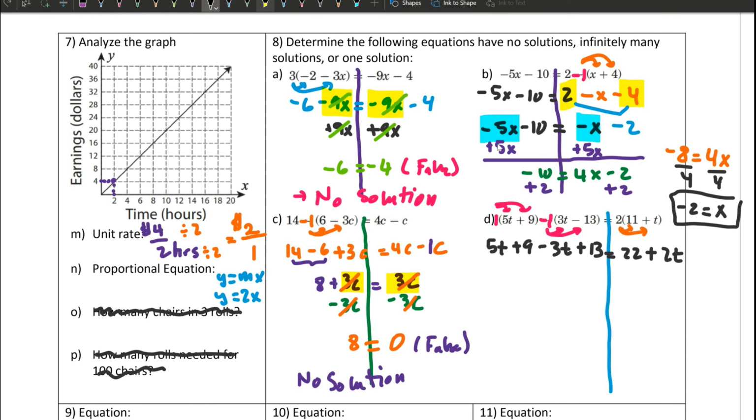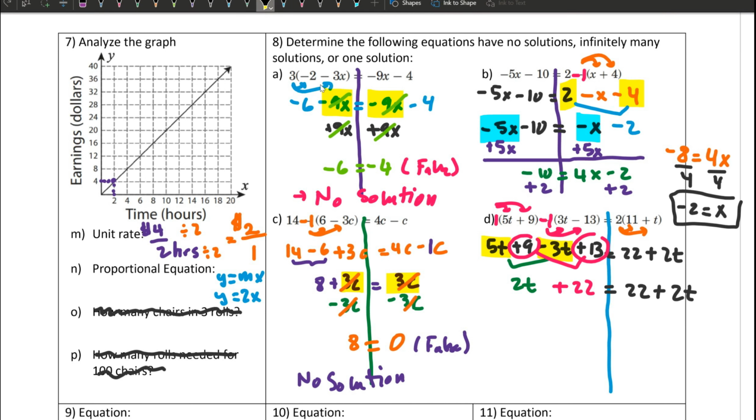Okay. Then you're going to see if we can do any combining like terms, like 5t minus 3t, which will give you 2t. And then 9 plus 13 will give you positive 22, equals 22 plus 2t.